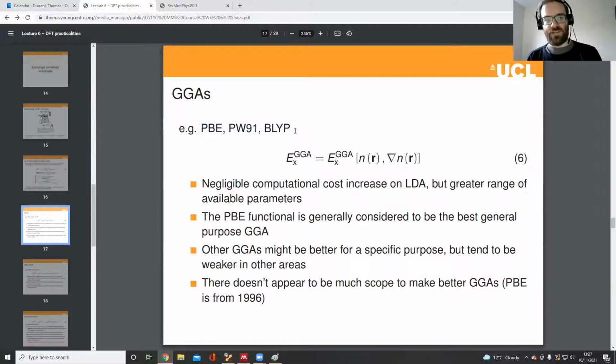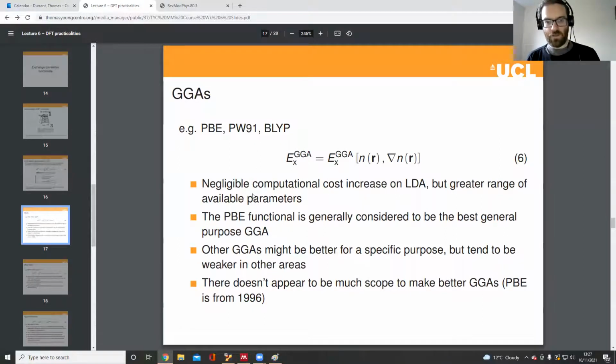I think the most popular GGAs are PBE, PW91, and BLYP, or there are others. These ones are quite well established. To use a GGA over an LDA doesn't cost you much more in terms of computer time. But as I say, there are more available choices of these parameters.